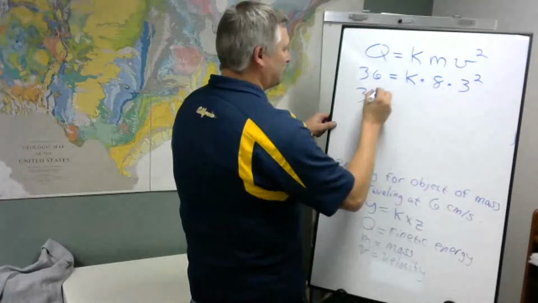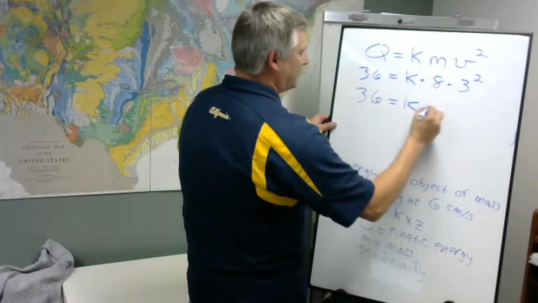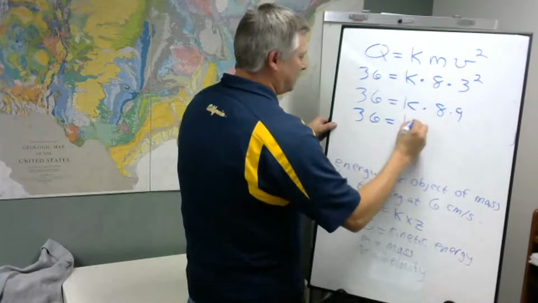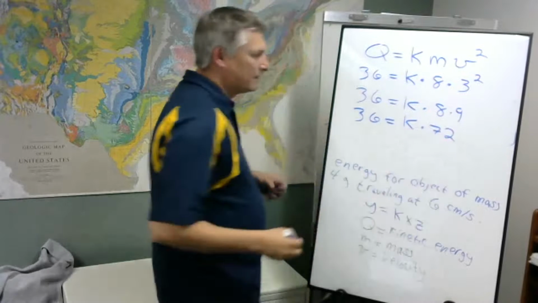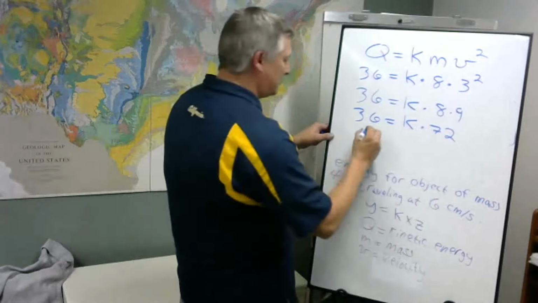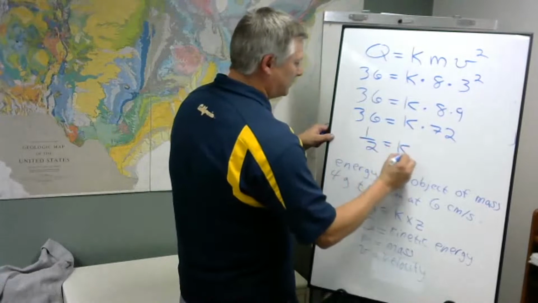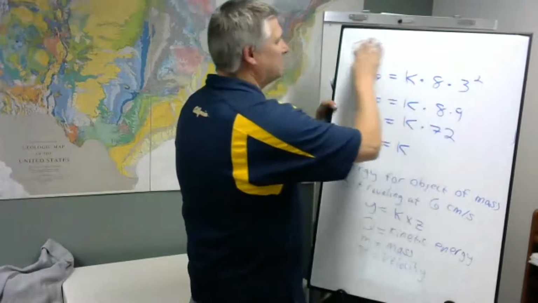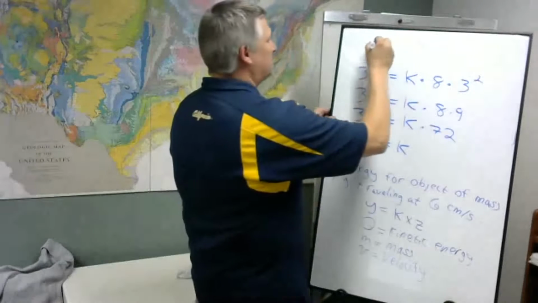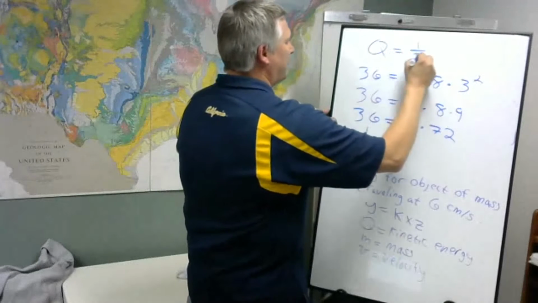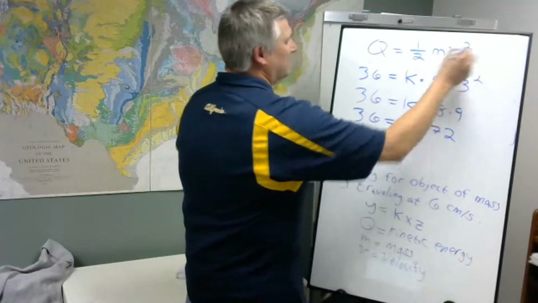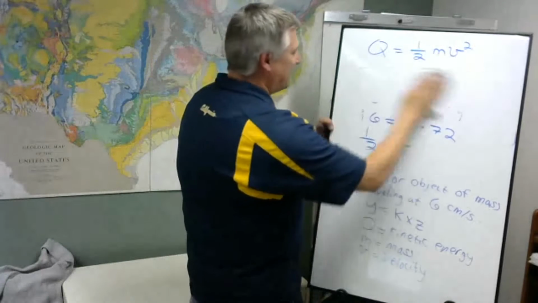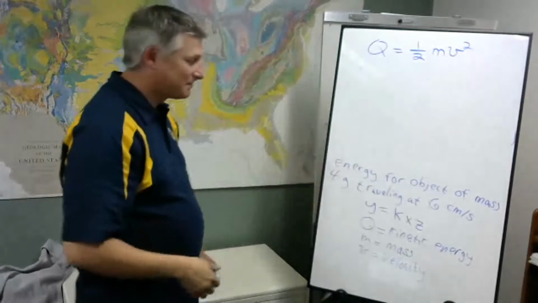So 36 is K times 8 times 9, or 36 is K times 72. Divide both sides by 72, and we get 1/2 is equal to K. So that means our formula, the one we're going to use to solve this problem, is Q equals 1/2 mv squared. And that is the formula for kinetic energy.